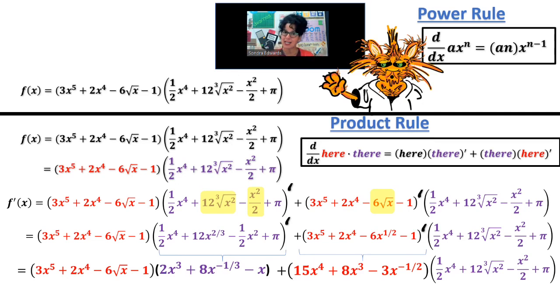The exception, especially, of when you want to skip the product rule is if the two things multiplied together, one of them doesn't have an x in it, it's just a constant. Set the constant out to the side and only take the derivative of the one piece and then multiply that constant back through. Okay, I think that your tool belt is getting full. Get to work.